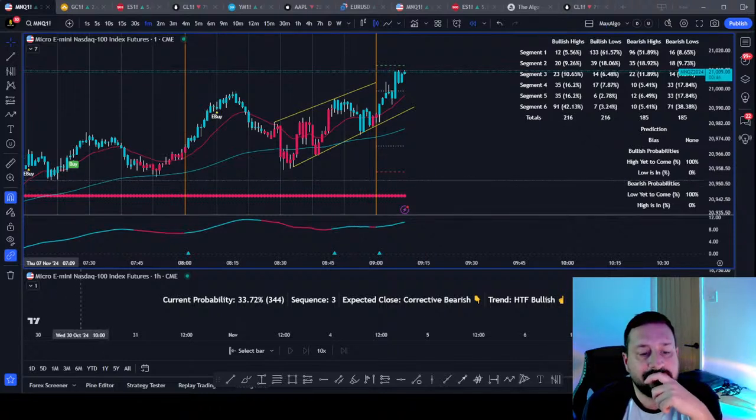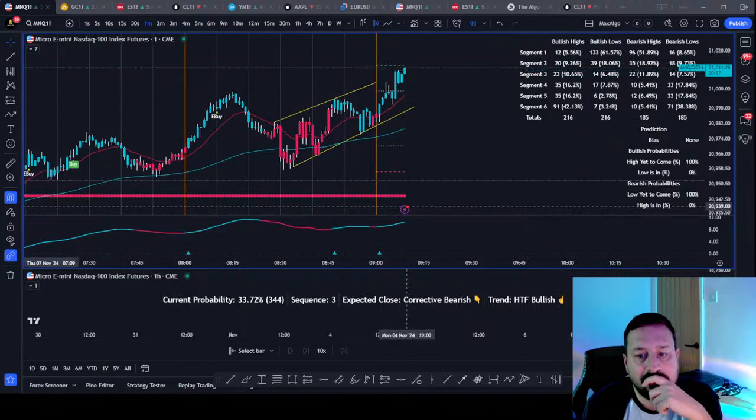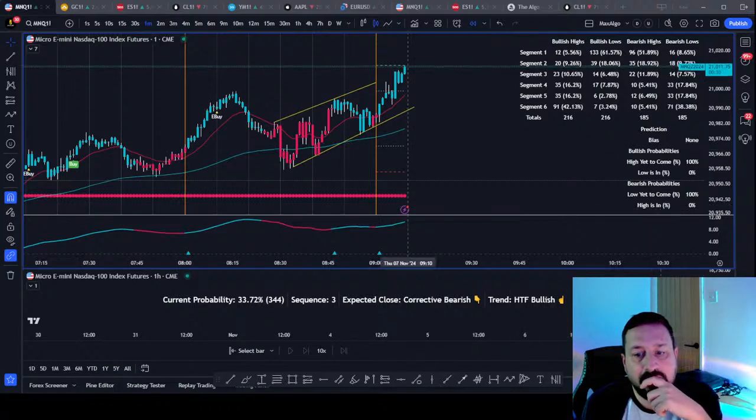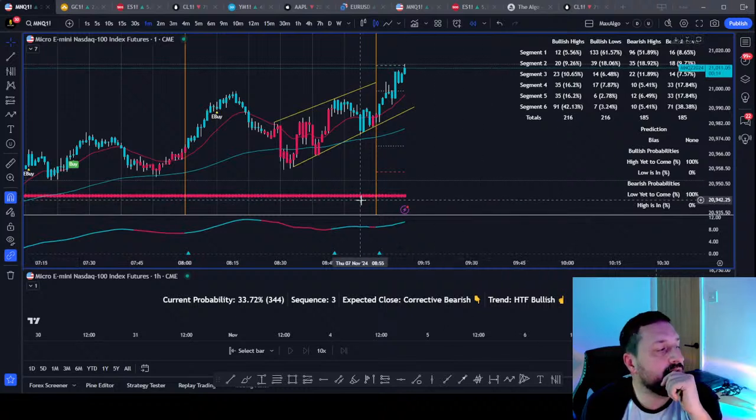Sorry for my language. Man, that would be... I don't think it will. I think it's more likely to have some up and then down. But I mean, if it did flip, if it did end up transitioning, we've got a very strong trend.